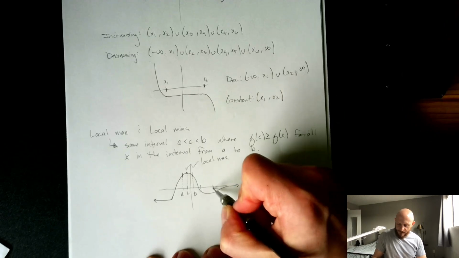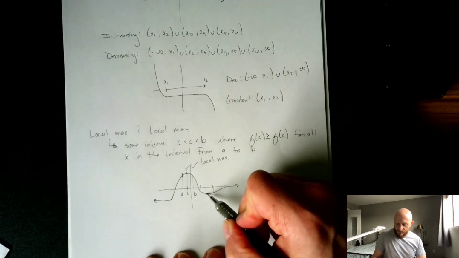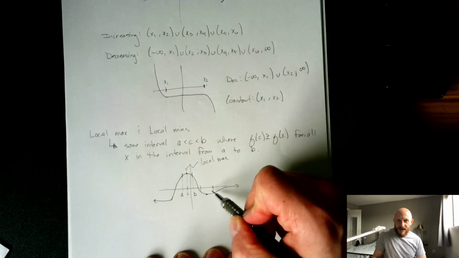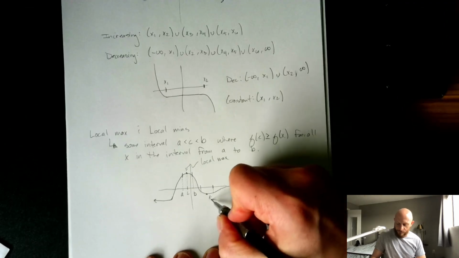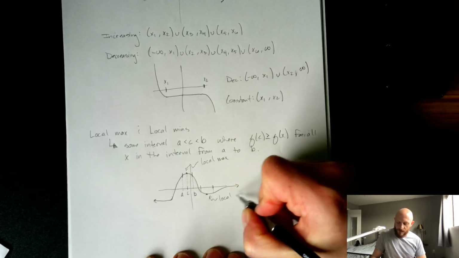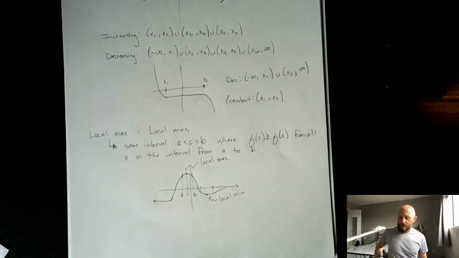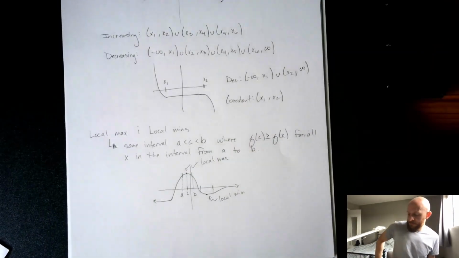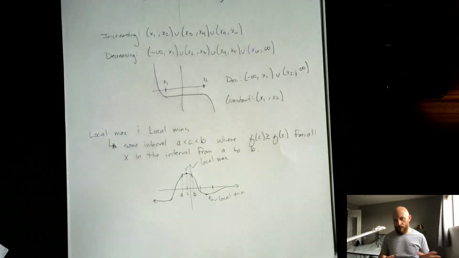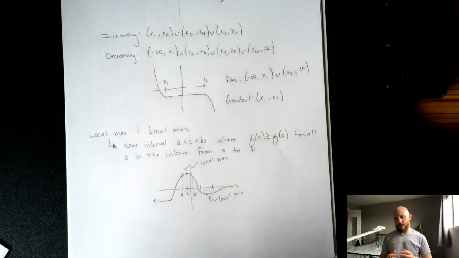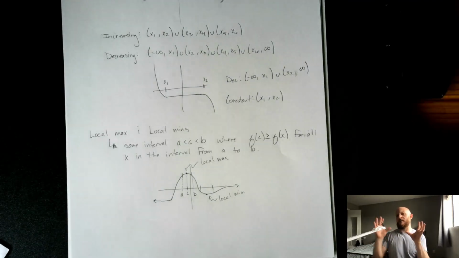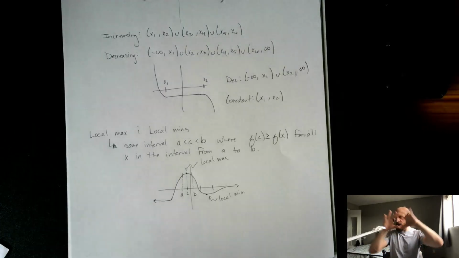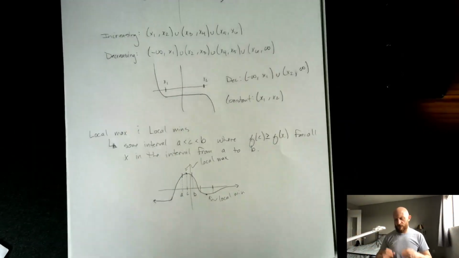So if you look at this interval right here, there's this spot that is less than or equal to every other value on this interval. It's a local minimum. And the thing about local minimums and maximums is that you can have a whole bunch of them. It's like saying, can you find some point that is a maximum on its own little tiny neighborhood? Not necessarily over everywhere forever, but on its own little tiny neighborhood.